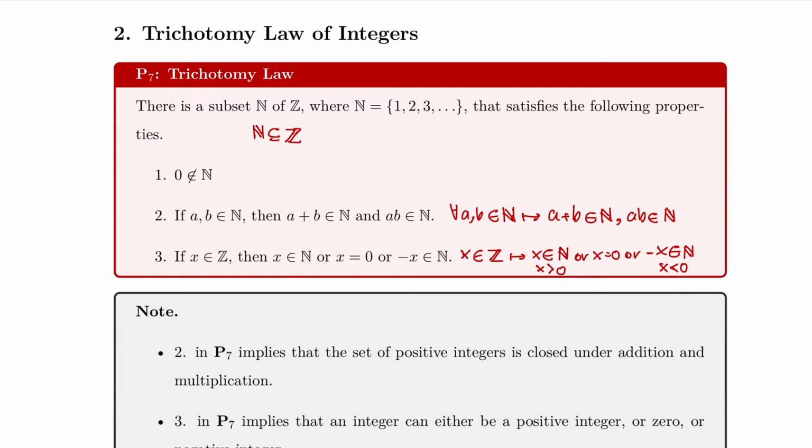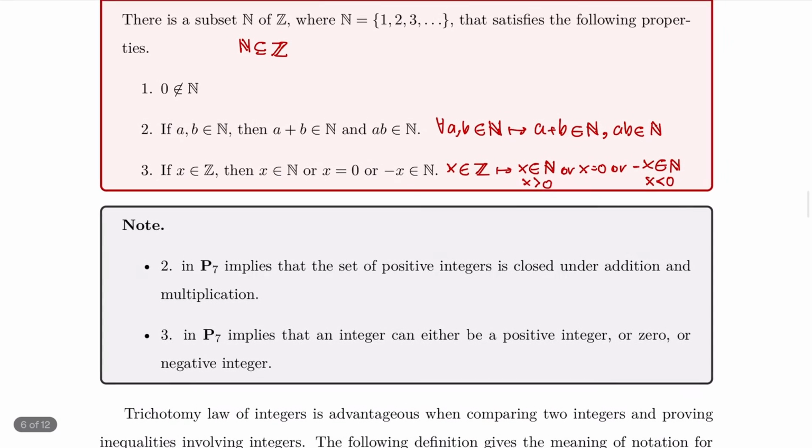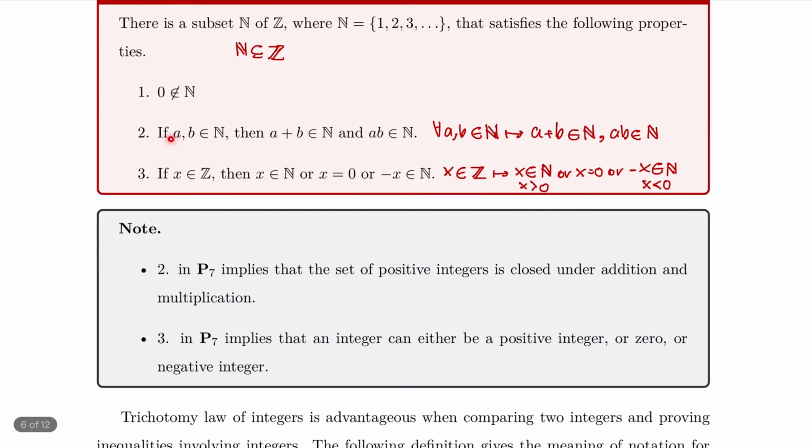These are the trichotomy law. Okay, these are the conditions satisfying the trichotomy law. So take a look at this note. For number two, what does it mean? It means that the set of positive integers is closed under addition and under multiplication.